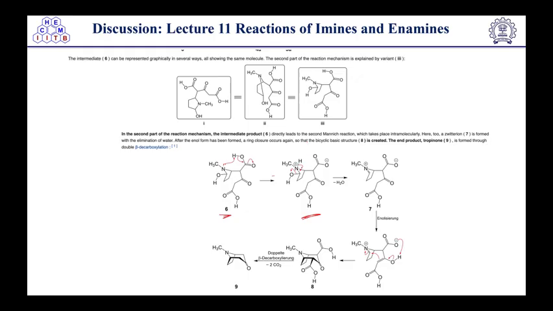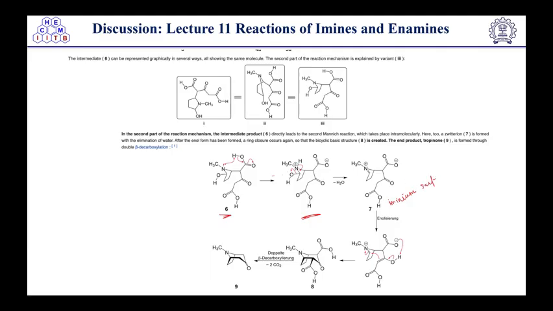After this intermediate, the proton transfer will take place like earlier we were doing. Proton transfer on this atom. So this will become OH, and H2O is a good leaving group, so the water molecule will leave and we'll get the iminium ion, the iminium salt.